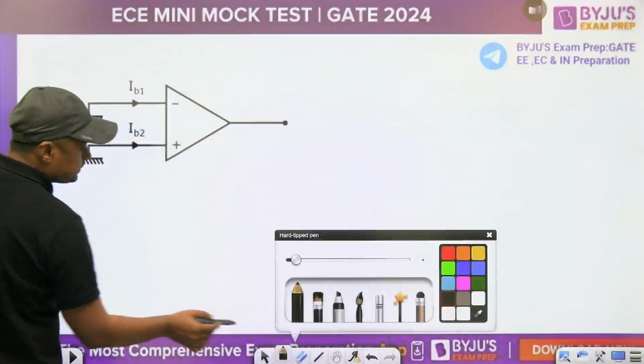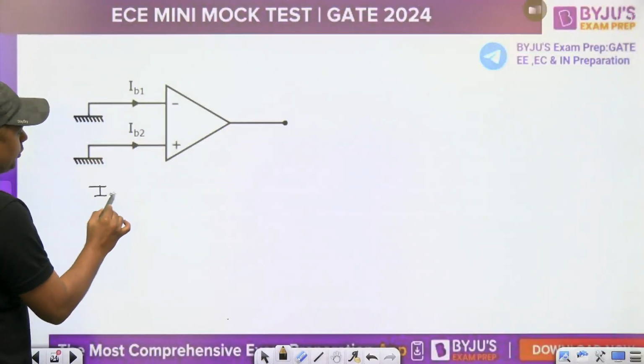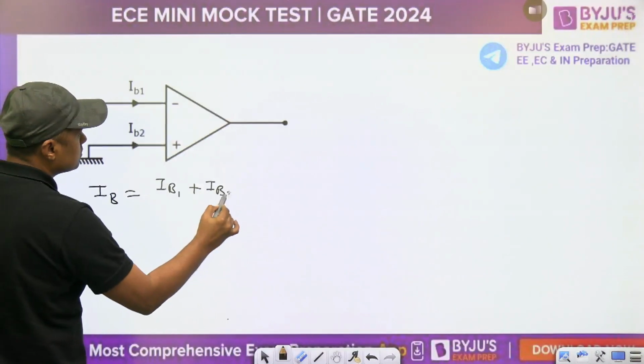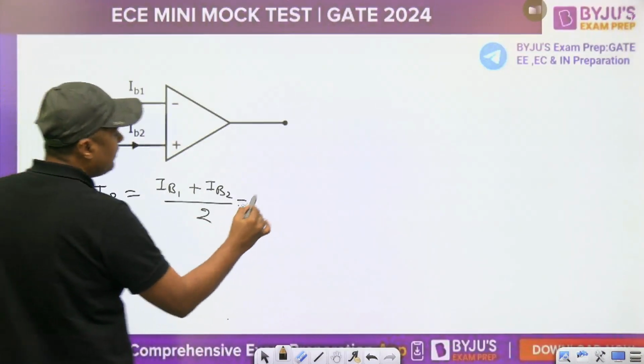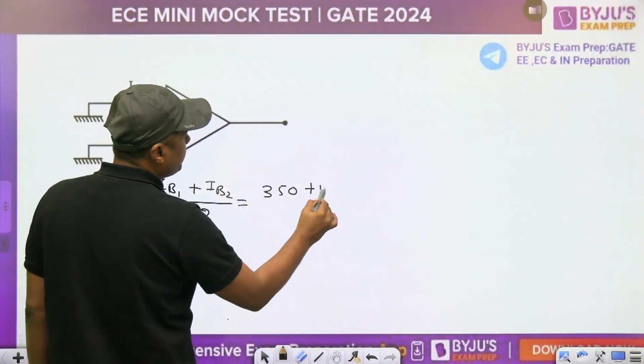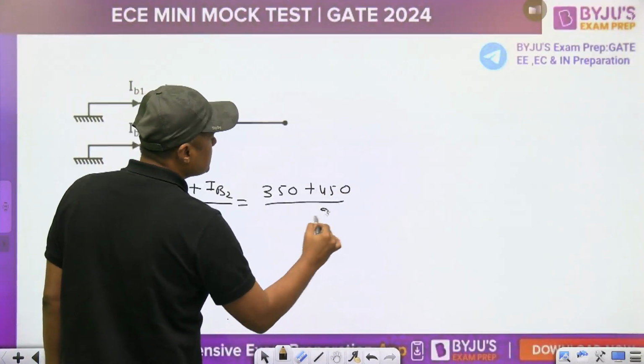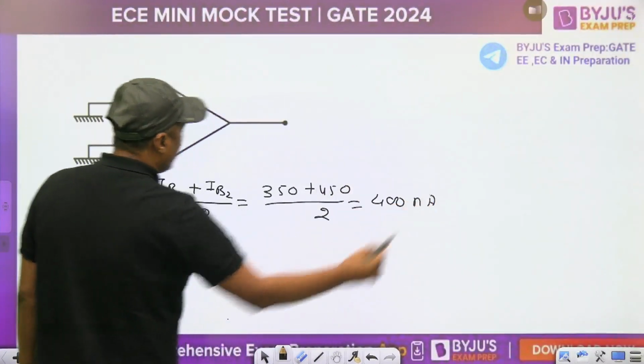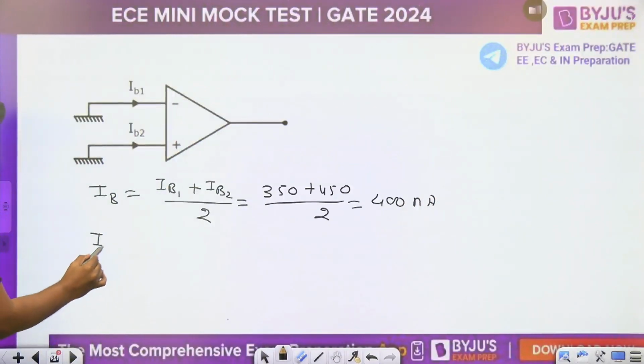Remember, input bias current is the average value of these two. So what is the average value? 350 plus 450 upon 2, that is nothing but 400 nanoampere. And what is the offset current?